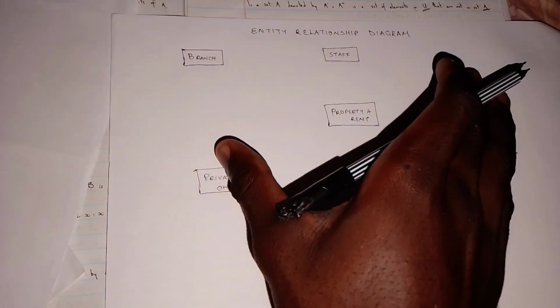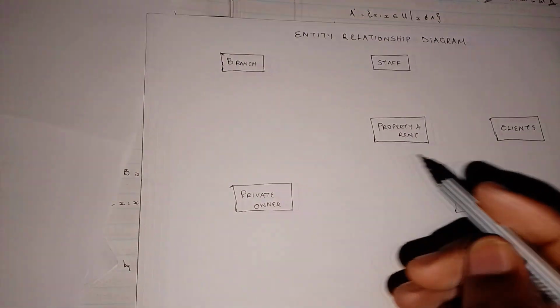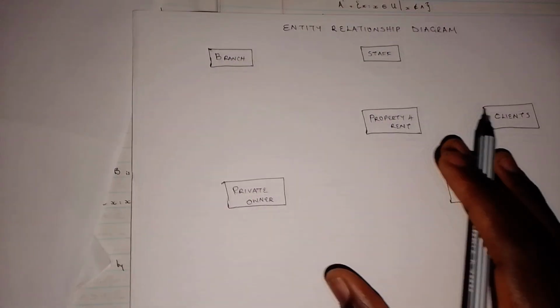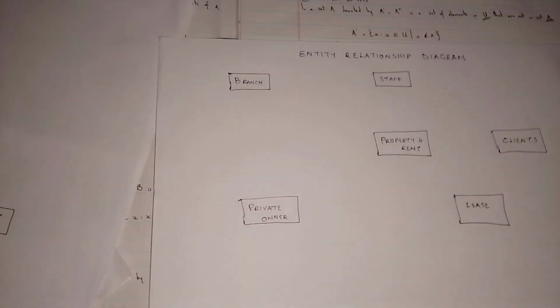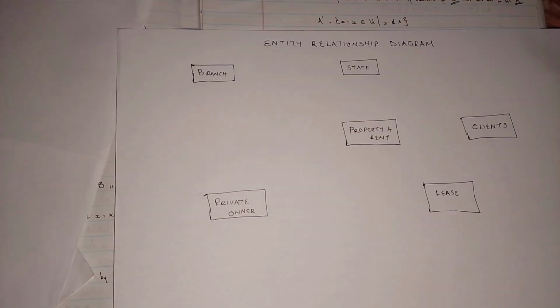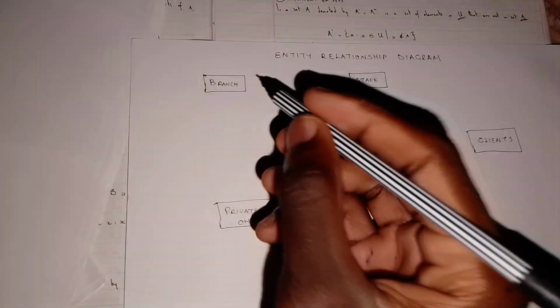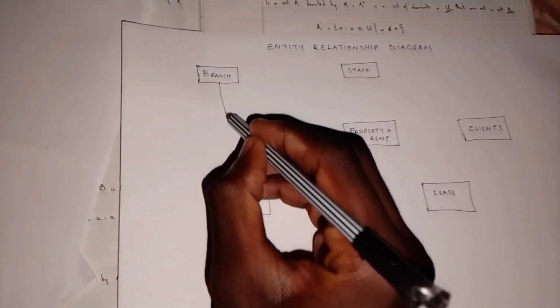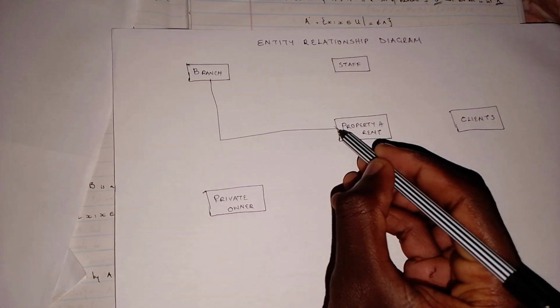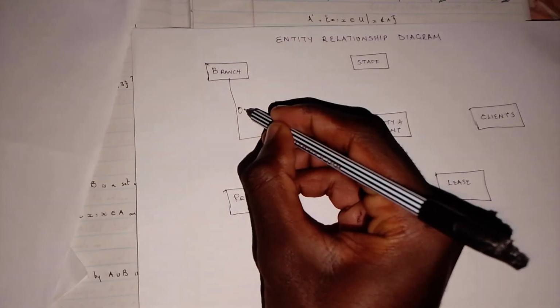So let's dig deeper into the same entity diagram. When you look at a branch, I'll give an example of a branch, say Lusaka branch. A branch can offer properties. So we say a branch offers properties.